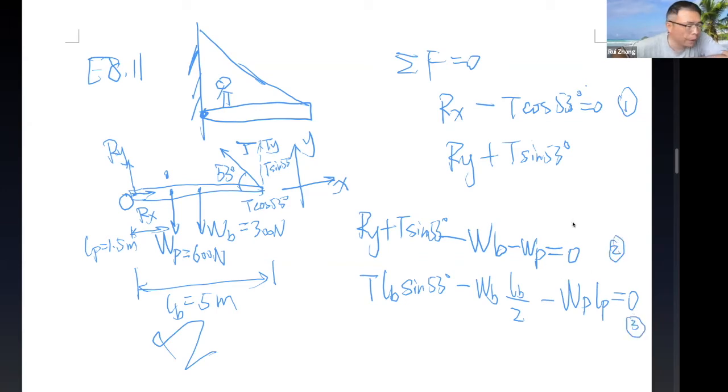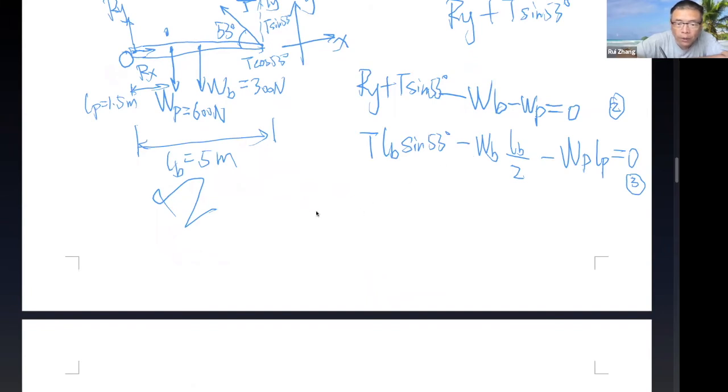Because we're running out of time, I'm just going to solve for T, because this is what is asked in the first part. You can do equations 1 and 2 later if you want to solve for Rx and Ry, the two components of the force at the pin connection. To get T, you can simply use the third one.